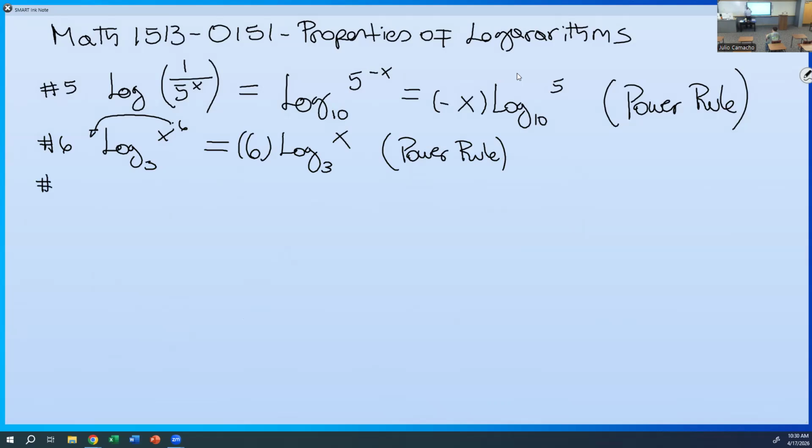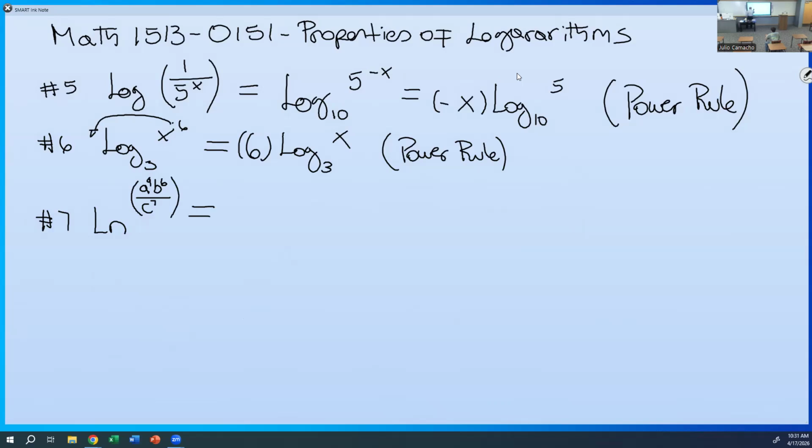Number 7. In number 7, you have the natural log, and in the exponent, you have a to the 9 power multiplied by b to the 6 power, over c to the 7 power.